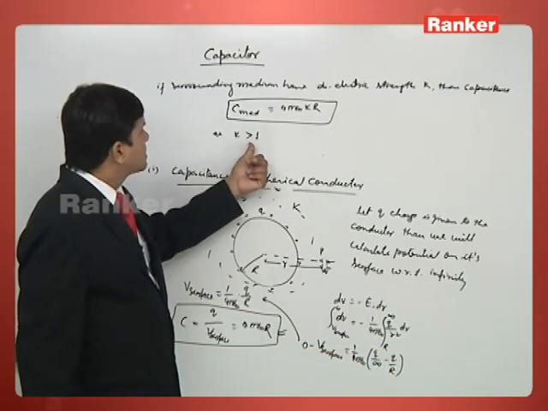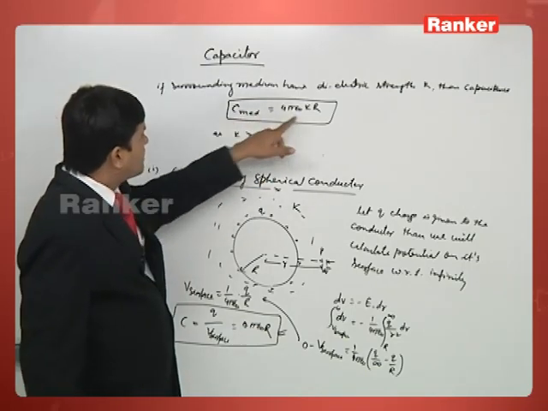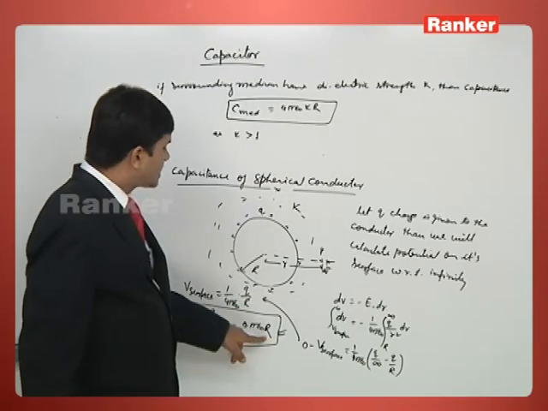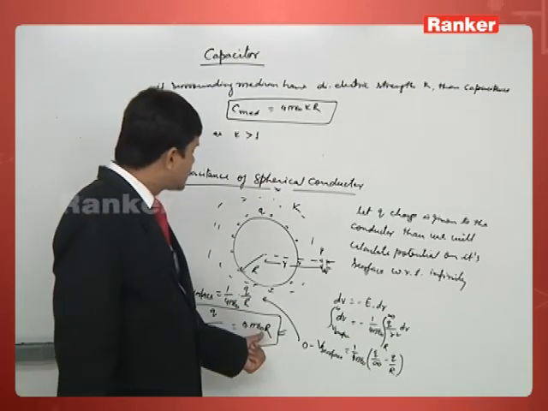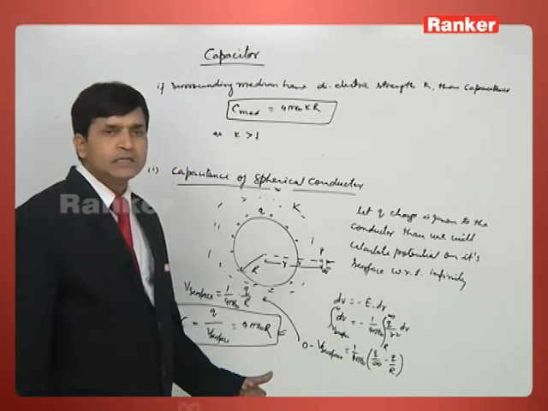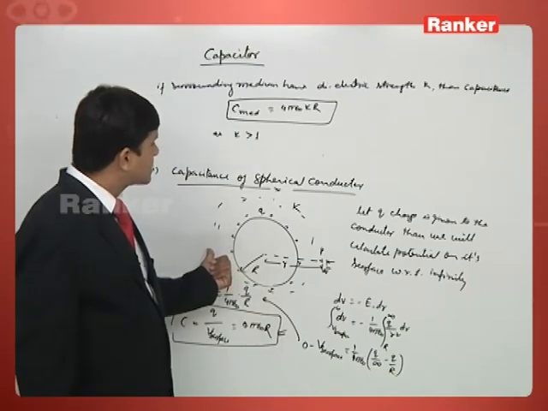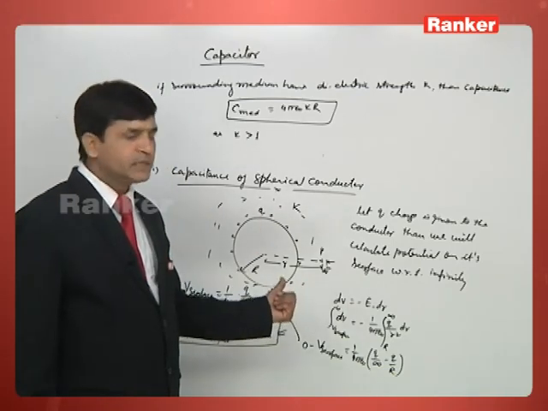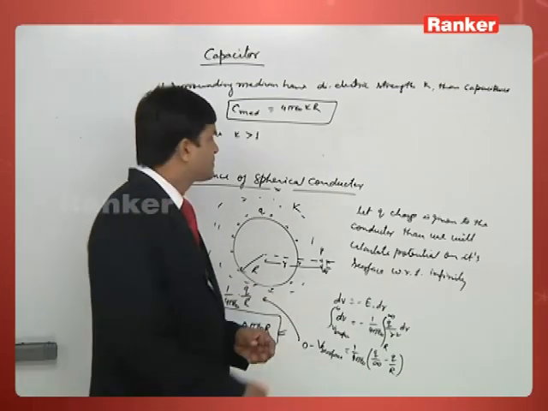Similarly, capacitance depends on geometrical shape and size, meaning the radius of the conductor. As the radius increases, the capacitance also increases, so a bigger conductor has more capacity than a smaller one.